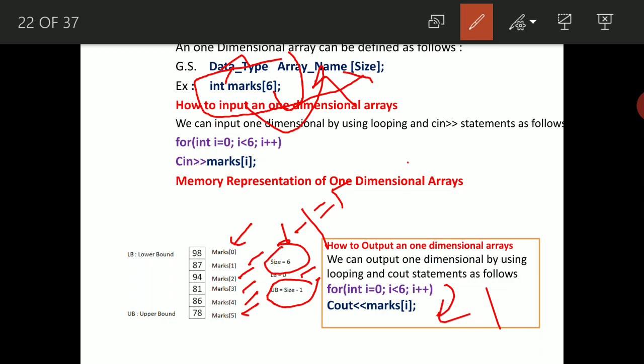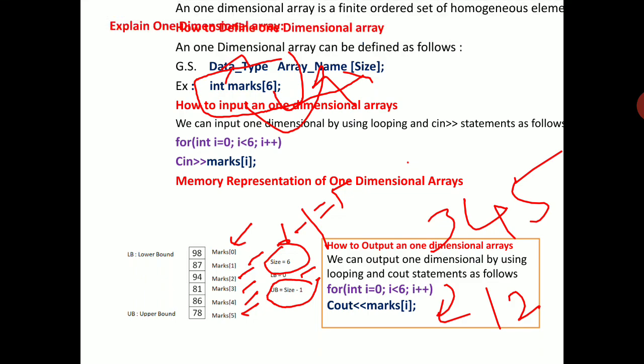When it becomes 1, then marks[1], that is 87, is printed. Then i becomes 2, then 94 is printed. When i becomes 3, then 94 is going to be printed. 4, then 81 is going to be printed. 5, then 86 is going to be printed. Then when i becomes 6, then 78 is going to be printed, and we know that that is the last element. Marks[5], that is the last element. This is how we are going to work with arrays.